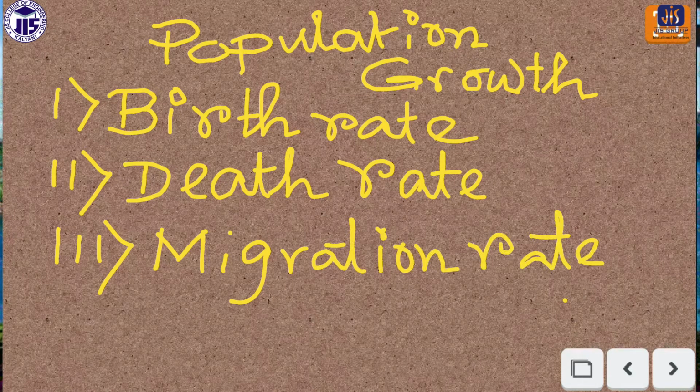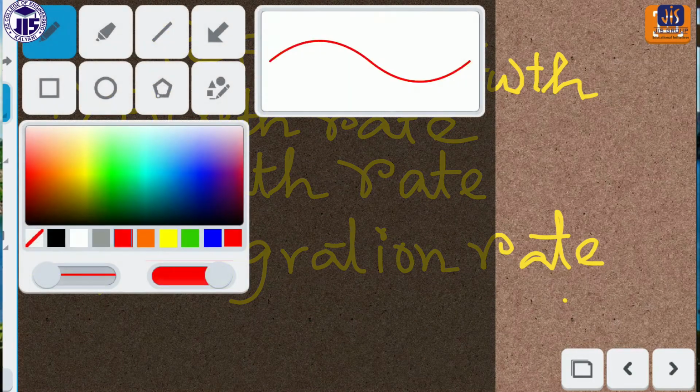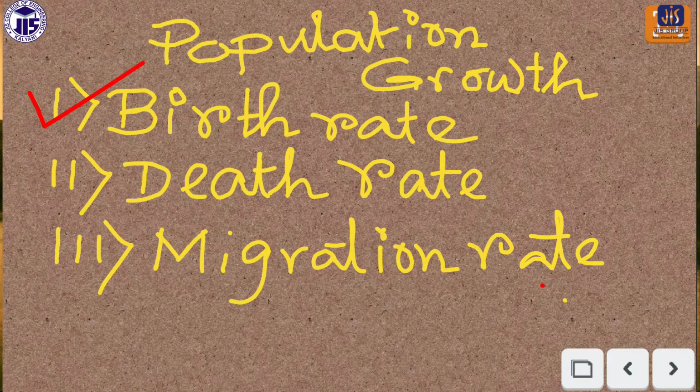These three factors are very much responsible for the population growth study of a particular region. First one is the birth rate, second is the death rate, and third is the migration rate.